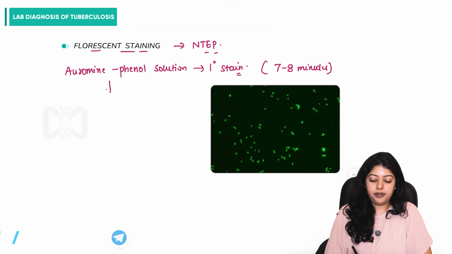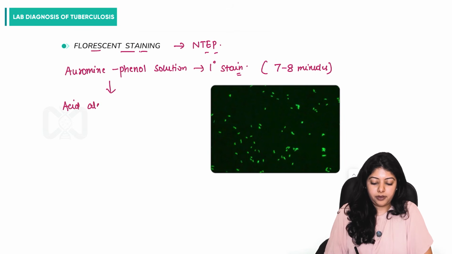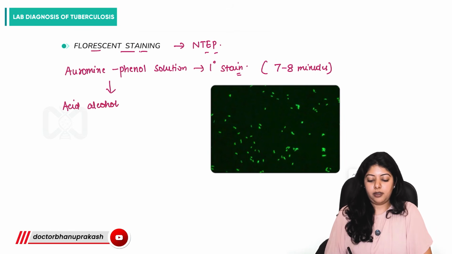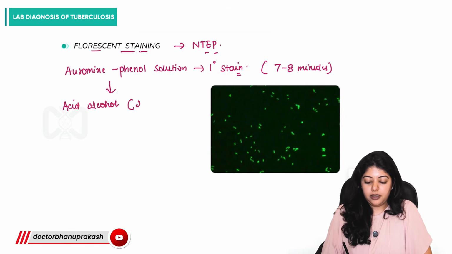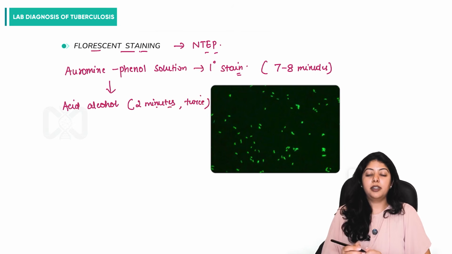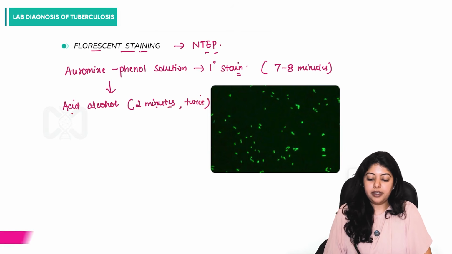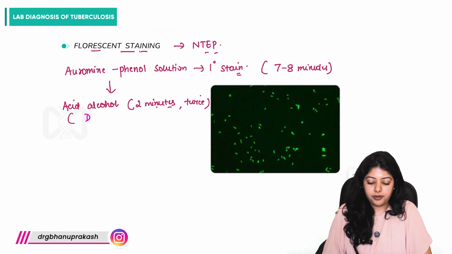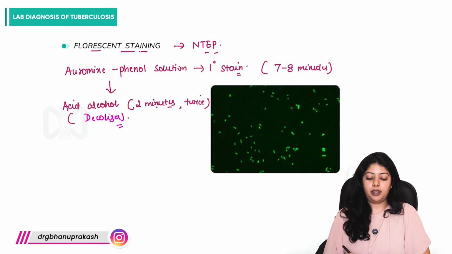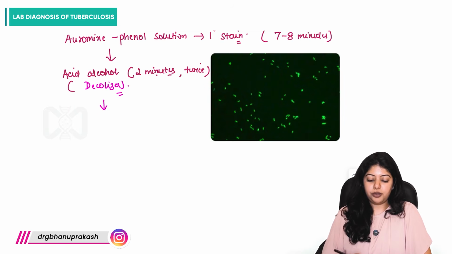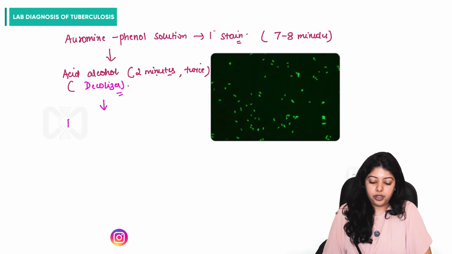Then we have acid alcohol, which is done for the decolorization, for 2 minutes twice. The second step, it is the decolorizer step. And then the third step is use of potassium permanganate.